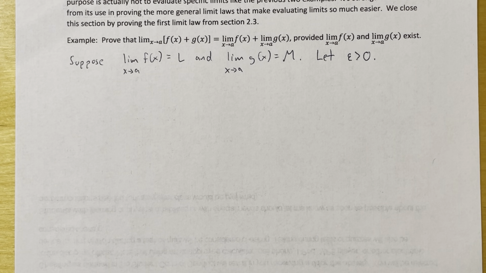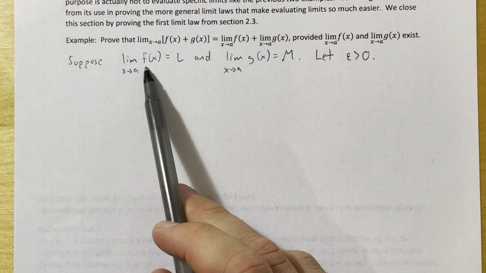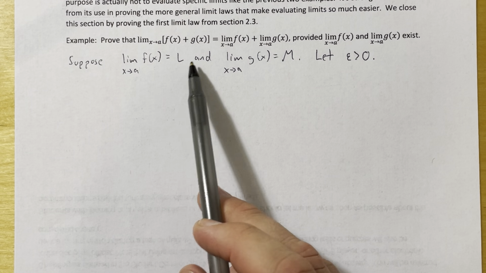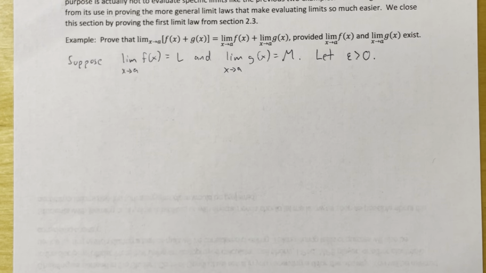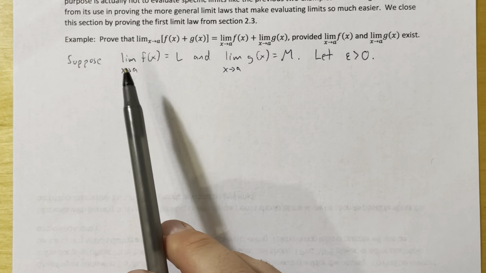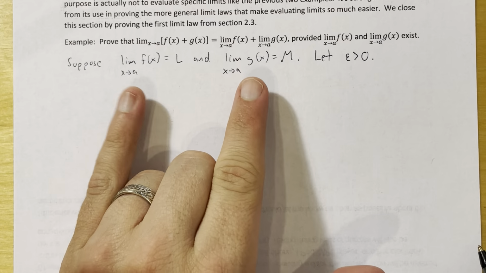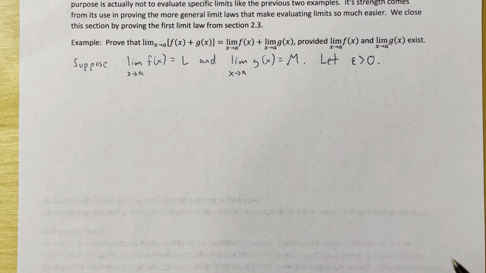So remember, we always have this statement at or near the beginning of these proofs where we identify that epsilon is greater than 0. Now, I'm not working with specific functions. I'm working with unknown functions, but we just have some information about them. We know what their limits are as x approaches a. Knowing that this is true as an assumption allows me to rephrase these limits in terms of the precise definition.